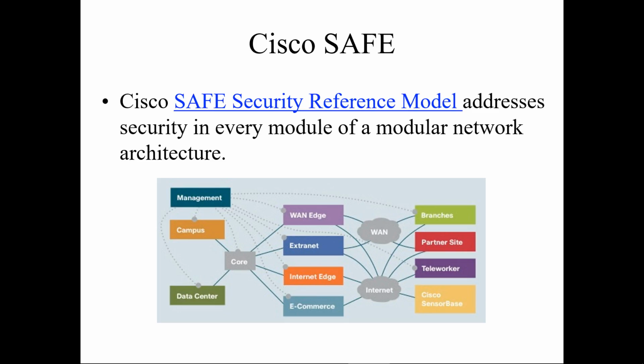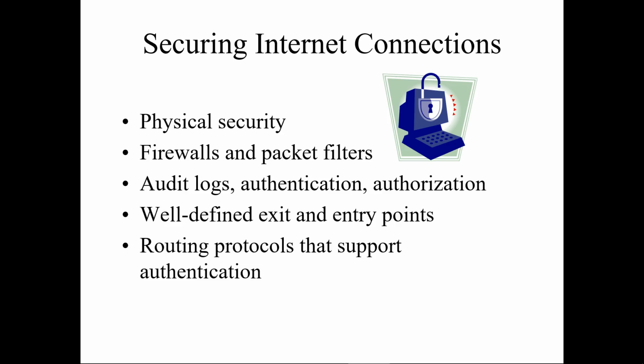So Cisco does have a Cisco SAFE Security Reference module that does address security in every module of a modular network architecture. That way, using this plan, you can actually secure each area. So, first one, securing internet connection.